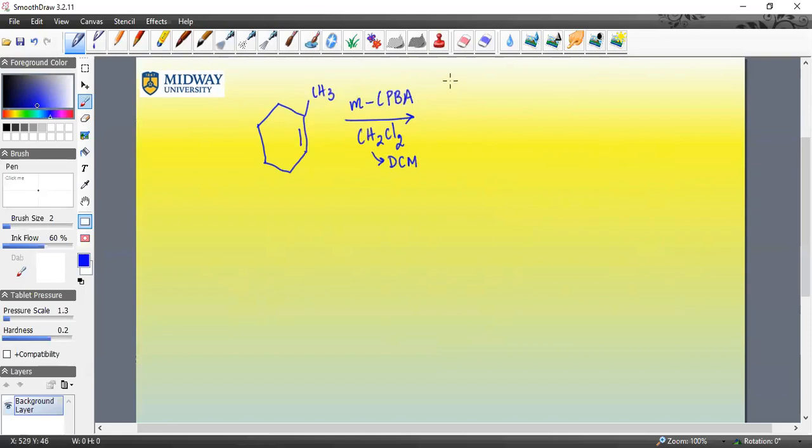I'm going to write the key intermediate that happens when you react this. As I said, you've got to go from the double bond to the epoxide formation. We can't have the double bond because the double bond is converted to your epoxide, right?